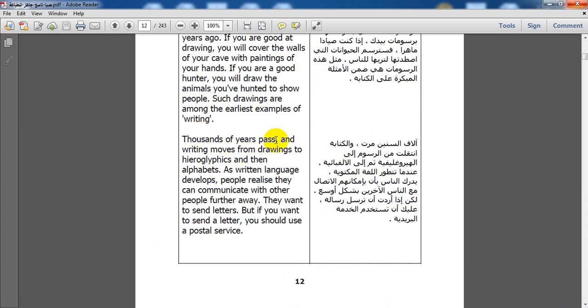Thousands of years pass and writing moves from drawings to hieroglyphics and then alphabets. As written language develops, people realize they can communicate with other people farther away. They want to send letters, but if you want to send a letter, you should use a postal service.